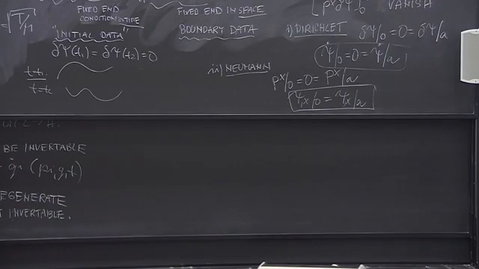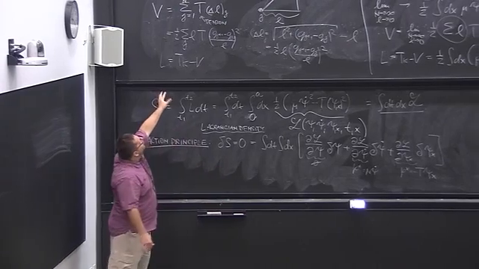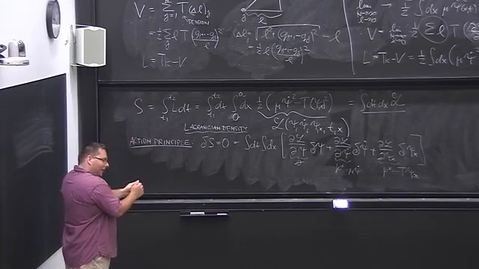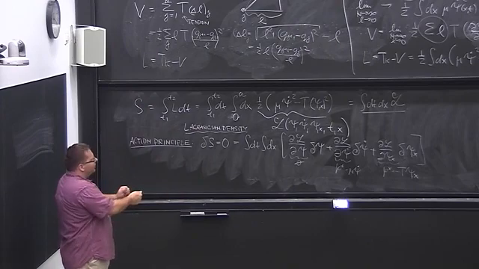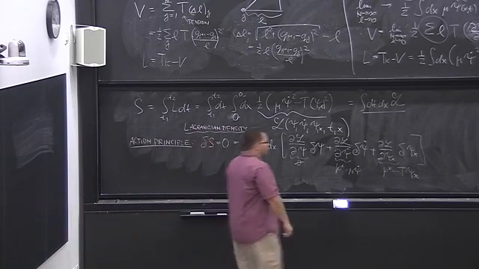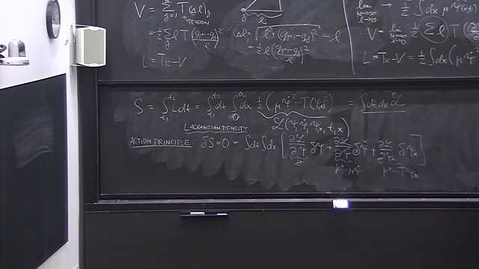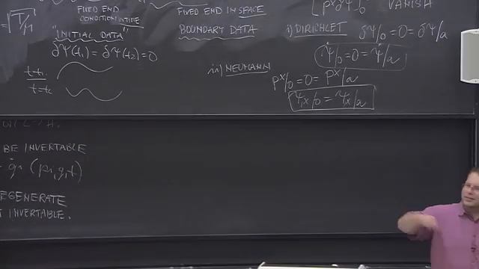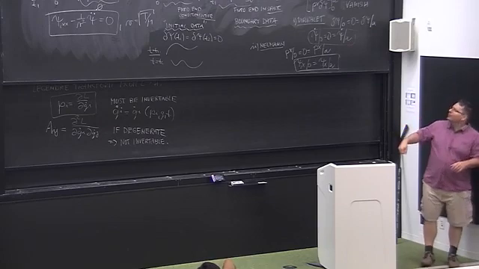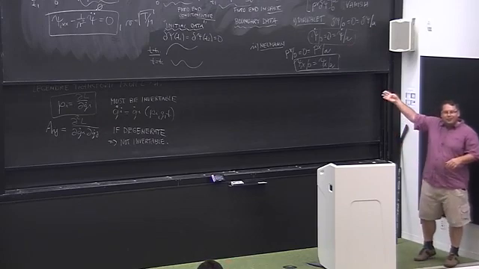Your string can vibrate in the longitudinal direction, and it can have transverse vibrations. That's for the non-relativistic string. I think for the relativistic one, you have extra symmetry, and so it's probably true that the longitudinal ones don't make sense, and only the transverse vibrations make sense. So this is really like a relativistic string.